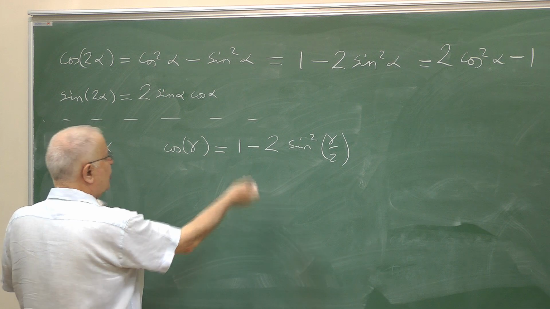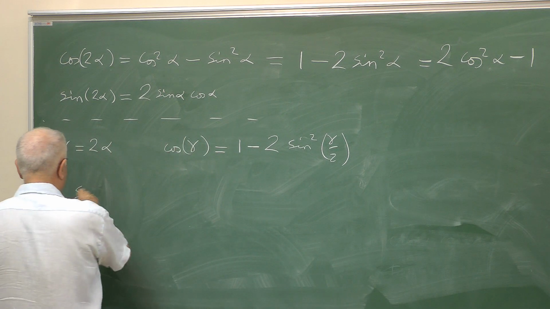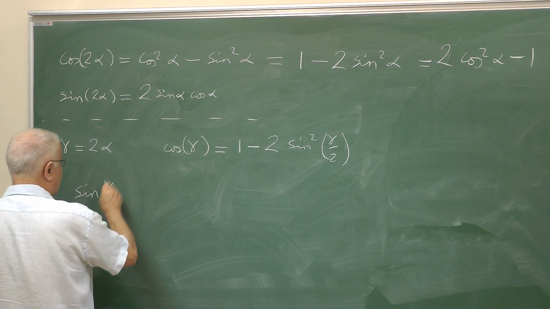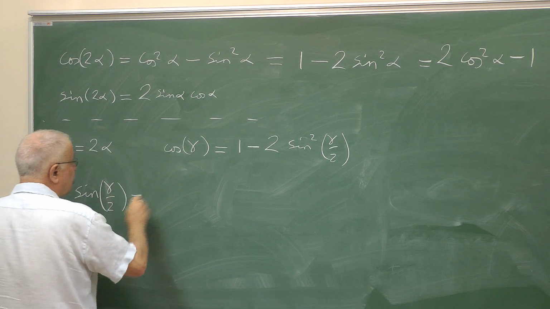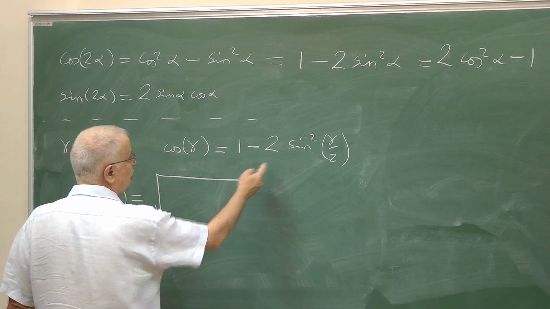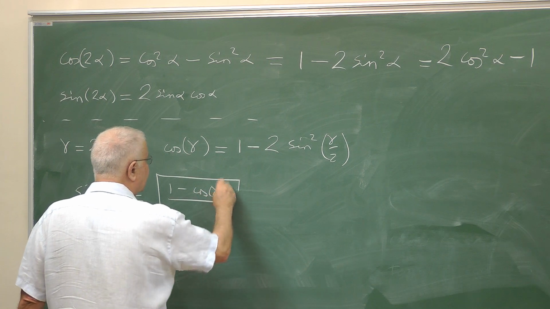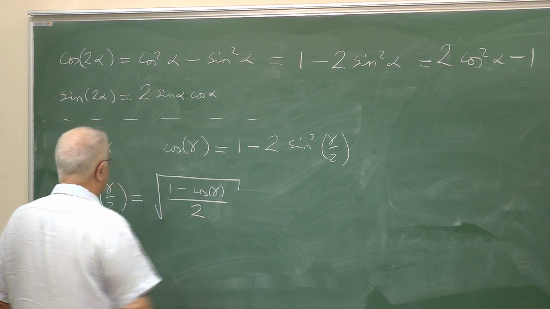So transposing everything, I get sine gamma over 2 equals square root of 1 minus cosine gamma divided by 2.